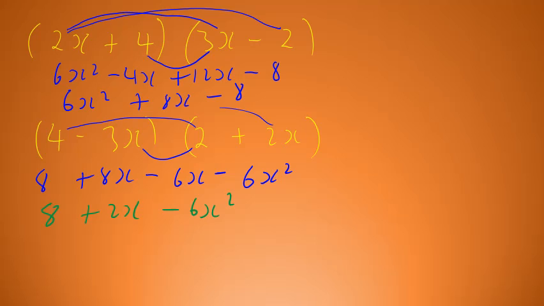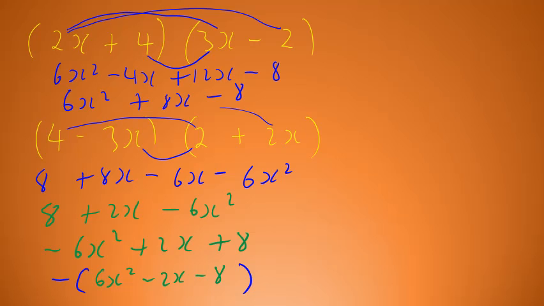So the highest power is x squared, so that becomes minus 6x squared, then it's your plus 2x, and then it's your plus 8. This is just really showing off now. You can make that a little bit prettier by putting the negative sign outside and putting brackets there, and then writing 6x squared minus 2x minus 8.